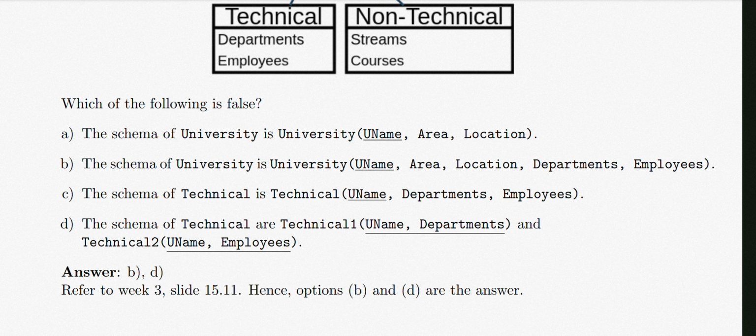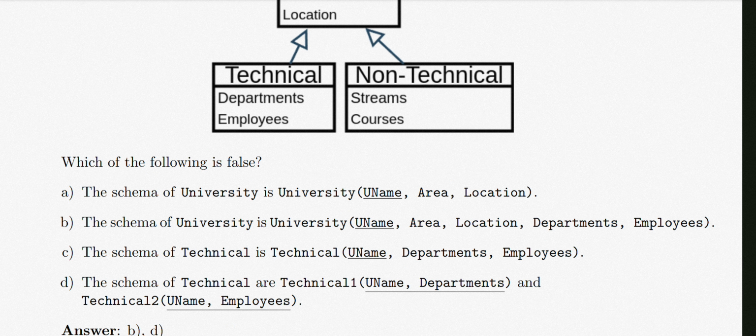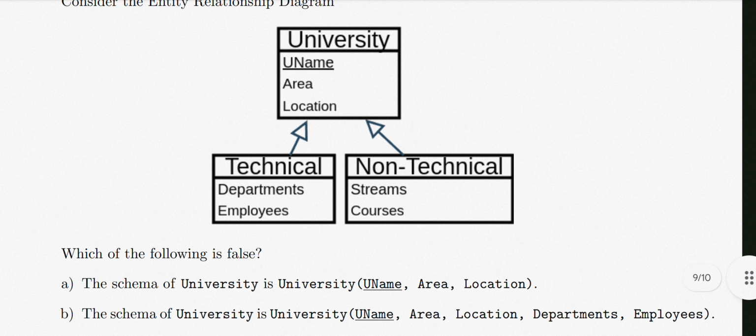And what about C? Technical can be written as technical, uname, comma, departments, comma, employees. That is right, because technical depends on university. So when we write the schema, we can include the primary key of the entity on which it is dependent.